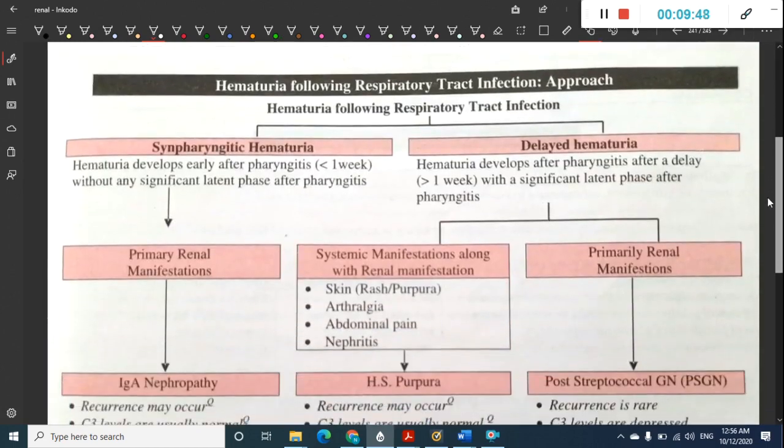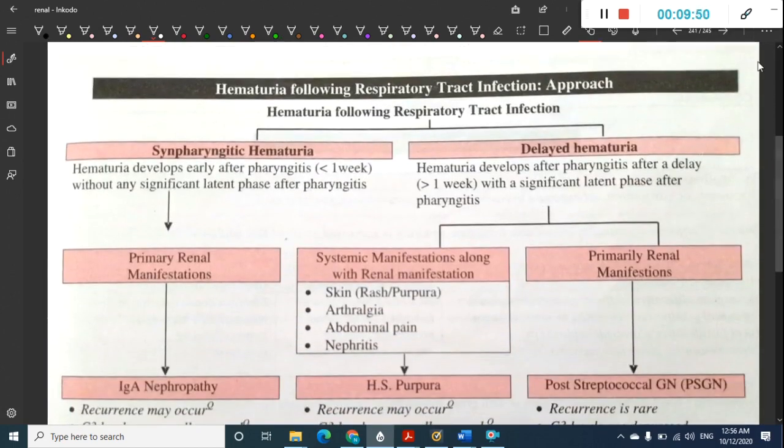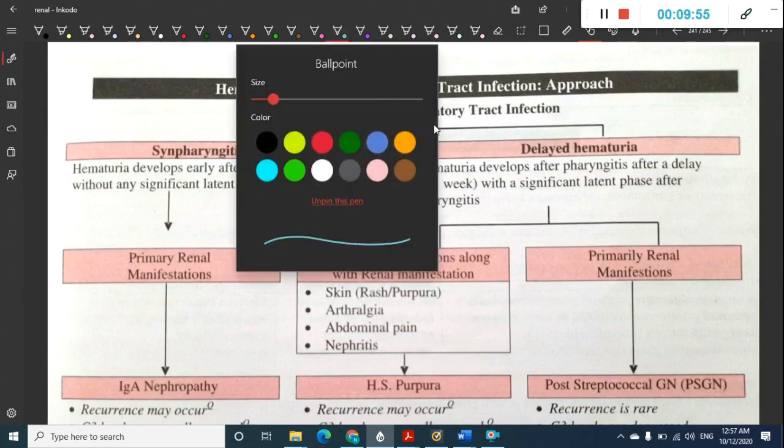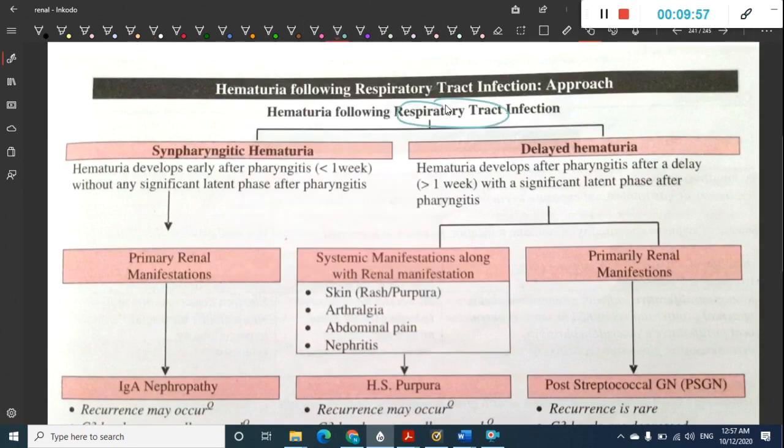What are the differential diagnoses for hematuria following respiratory infection? Whenever there is hematuria following respiratory infection, if hematuria develops within 1 week of pharyngitis, we call it synpharyngitic hematuria.